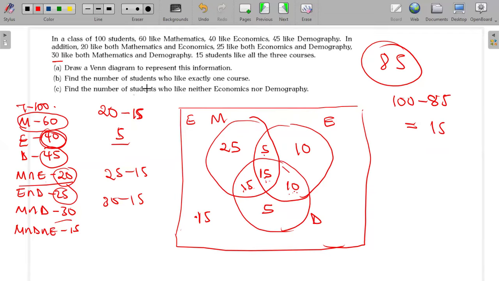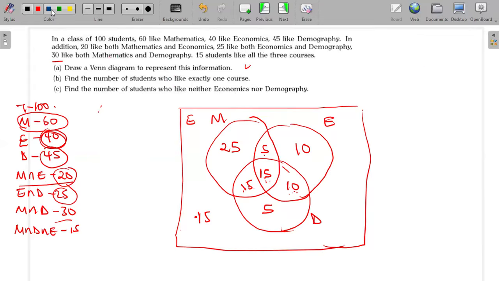So now we've put our information in the Venn diagram. Check the first question: find the number of students who like exactly one course. So those that like one course only. This makes our work easy because we've put this on a Venn diagram. So 25 here, they like mathematics only.